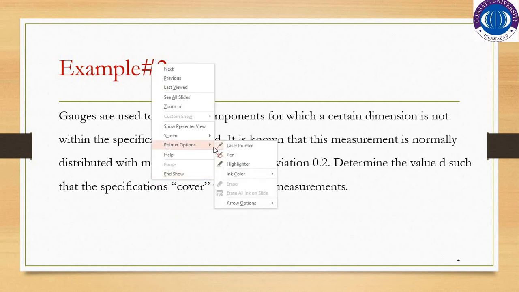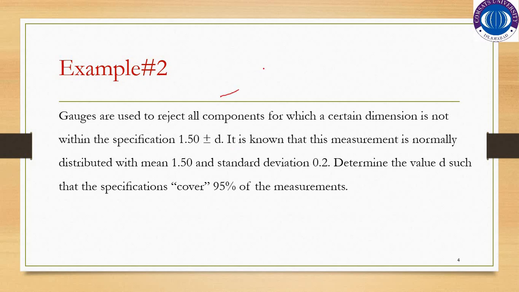If we draw it manually, this will be the scenario. Let's suppose this green line is the axis, and here we will have the mean at the center, at the peak, and this is 1.50. So the specifications are 1.50 minus d and 1.50 plus d, where d is some unknown value.